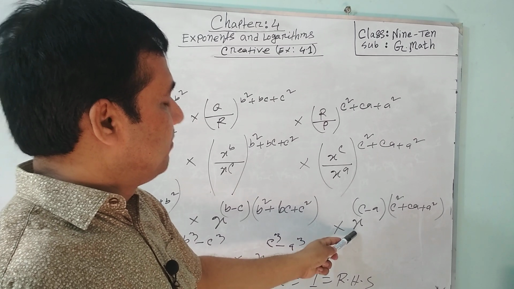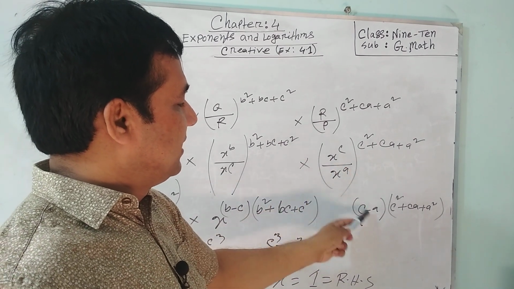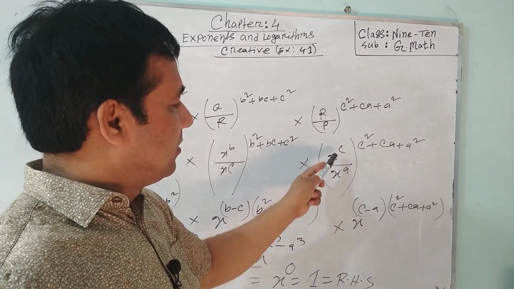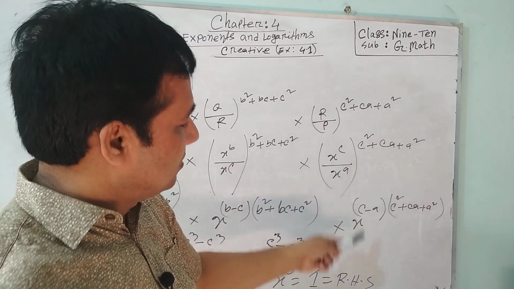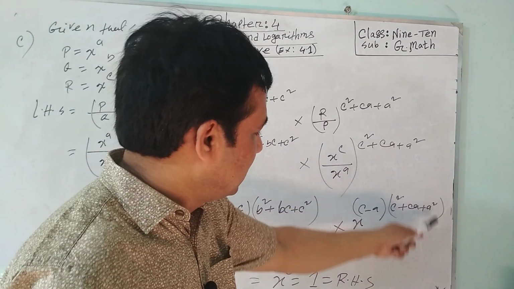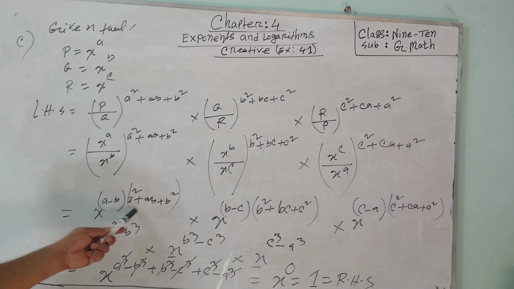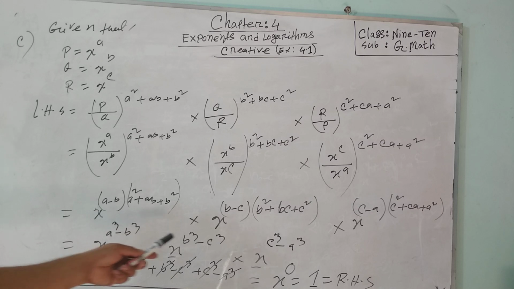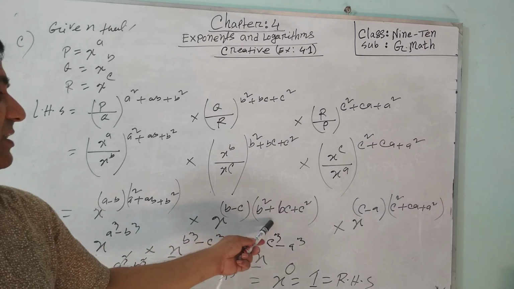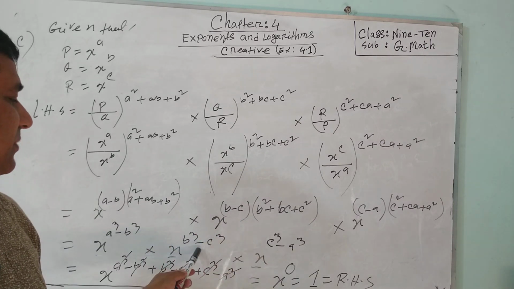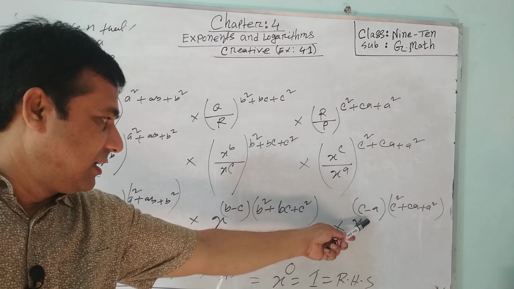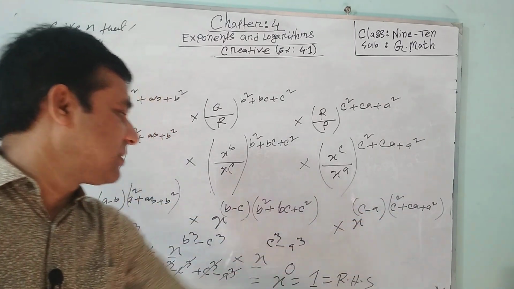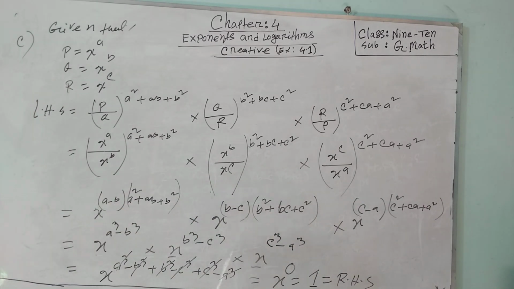Similarly, with base x, power c minus a, c square plus ca plus a square. Here a minus b into a square plus ab plus b square gives the formula a cube minus b cube. Similarly, b minus c into b square plus bc plus c square gives b cube minus c cube. Similarly, x to the power c minus a, c square plus ca plus a square, gives c cube minus a cube.